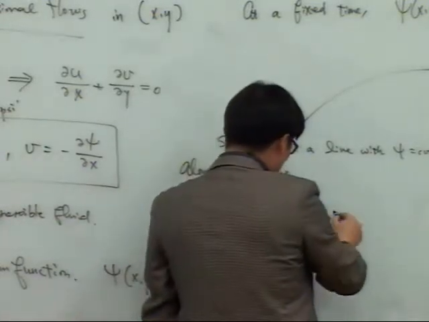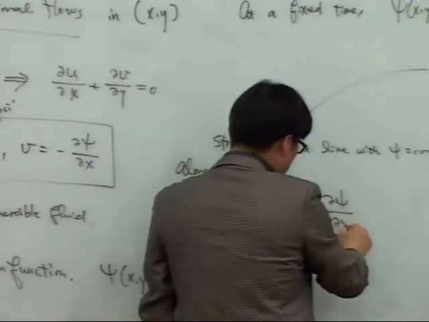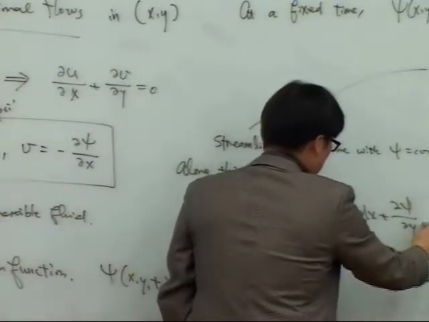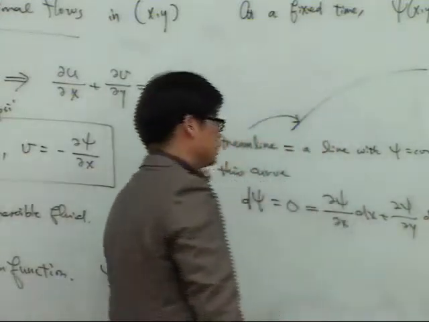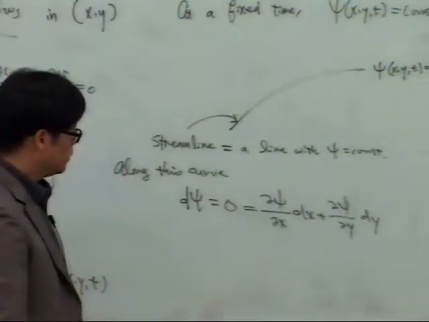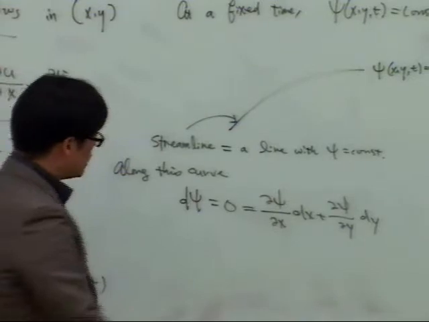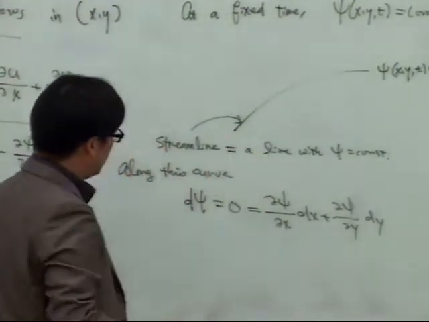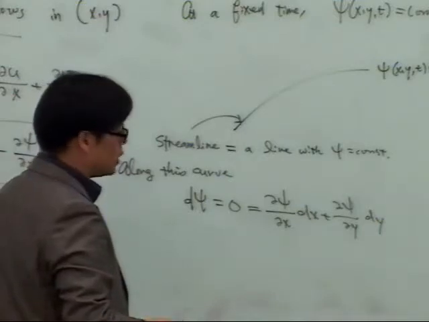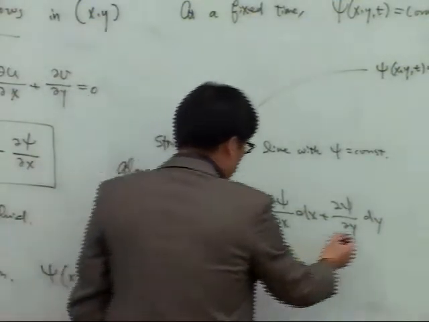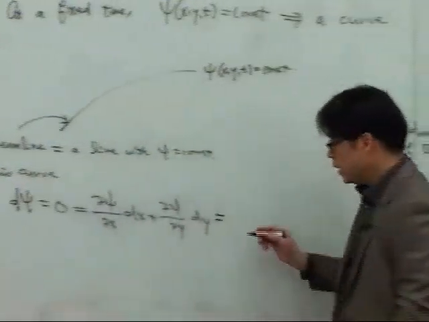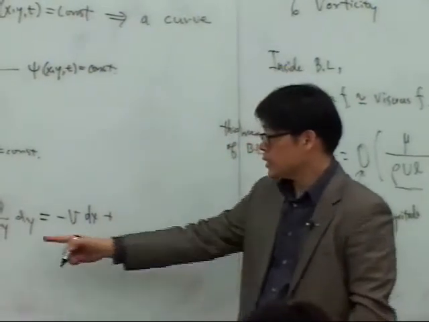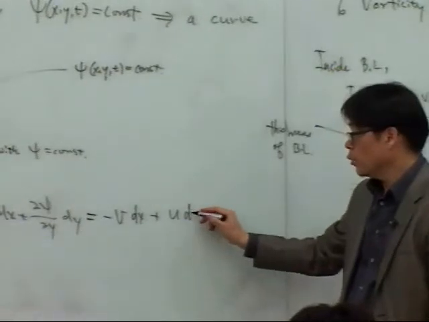And from the chain rule, this means partial psi partial x dx plus partial psi partial y dy is 0, because along this curve the stream function doesn't change. Partial psi partial x is minus v, and partial psi partial y is u.